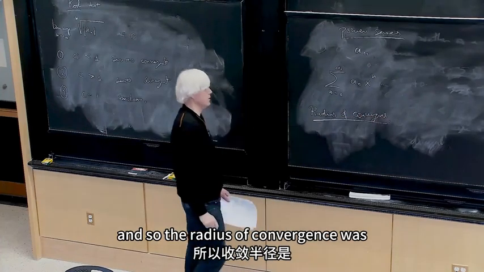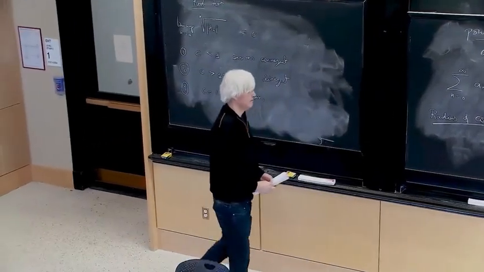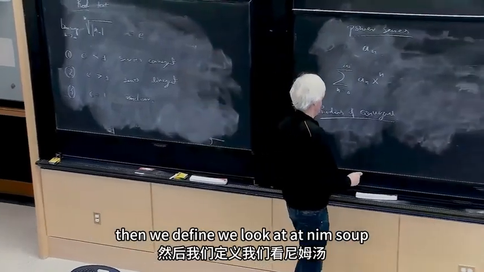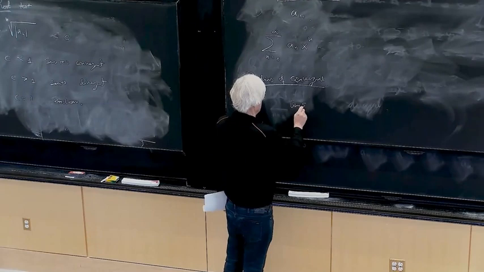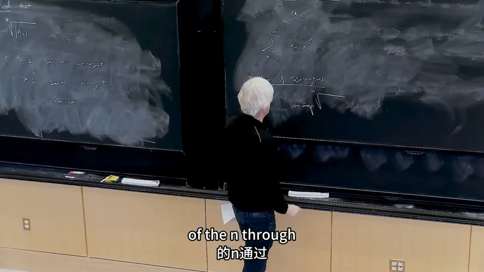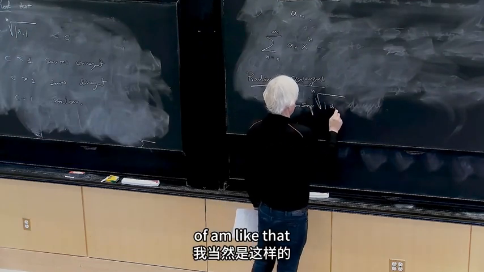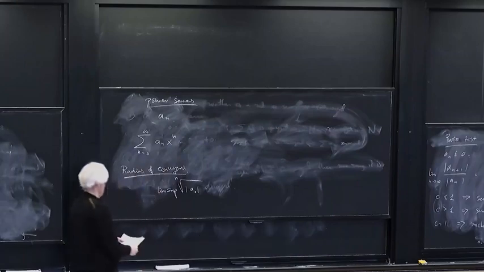And so the radius of convergence was that we looked at the limit superior of the nth root of |a_n|, like that, right?